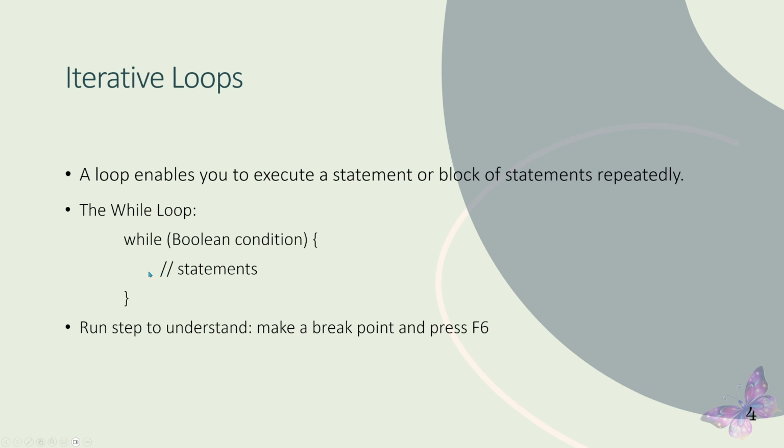When you declare a while loop, you need to write while, then put the boolean condition, then there will be a parenthesis, and inside the parenthesis you need to write the statements.